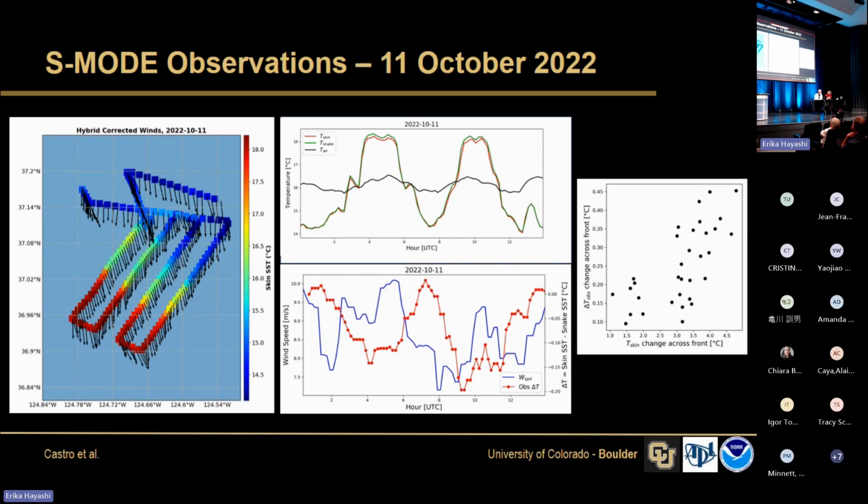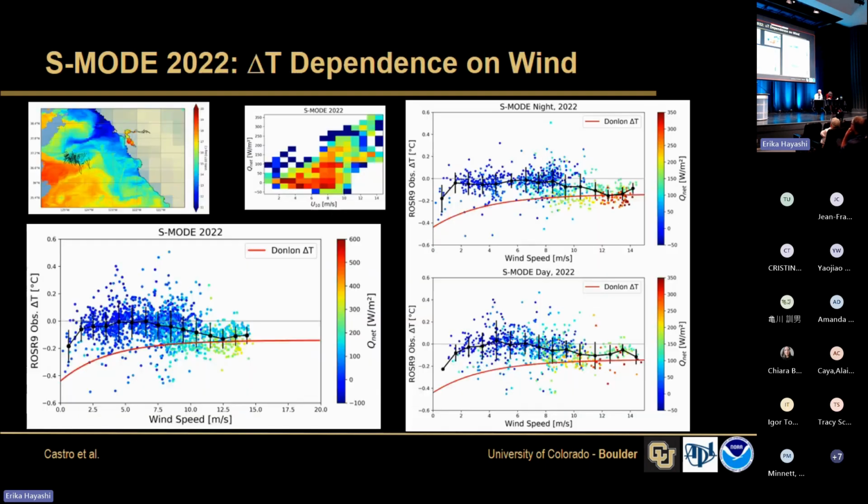But the wind speed is very, very constant. You can see it in the wind vectors or here in the time series of wind speeds. So in this particular experiment, the delta T was being driven not by the wind speed, but by the heat fluxes.